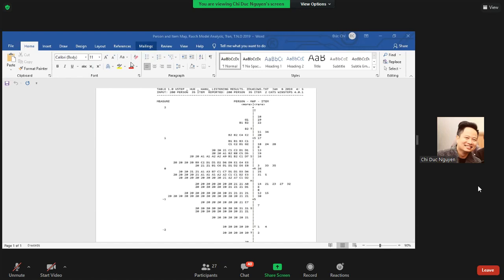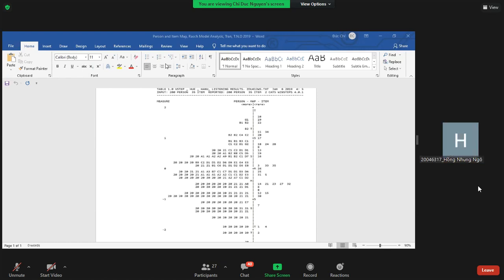Sorry, sir, can I share my point of view? Yes. Looking at this chart, I have an idea that the difficulty of the test is not really appropriate. I guess if the difficulty level is suitable for the students, then the chart may look very much like a triangle, with the bottom having the largest area.